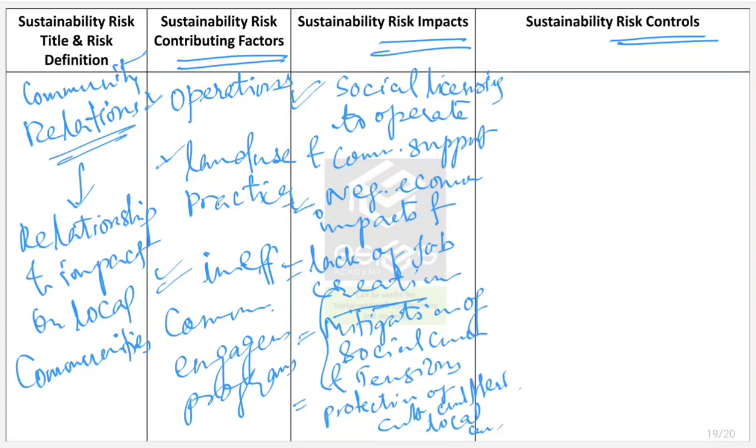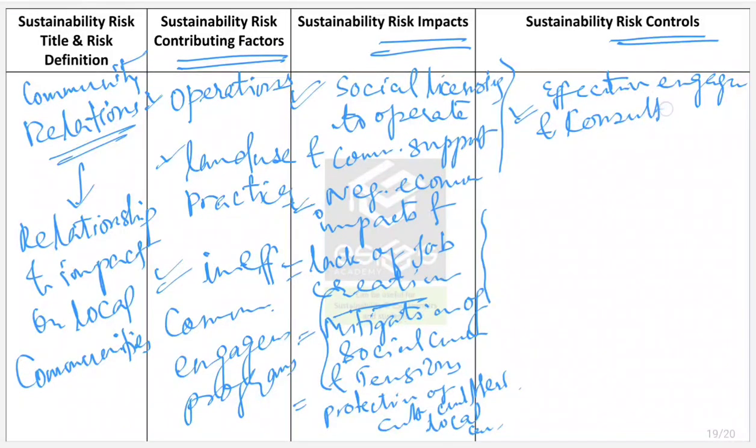So, what can be the risk control measures to control all these risk impacts? We can say effective engagements and also consultations with local communities.